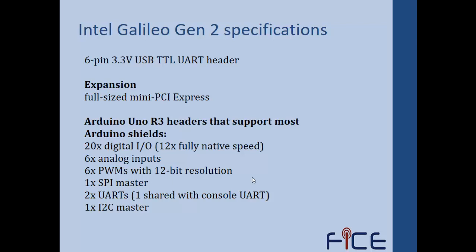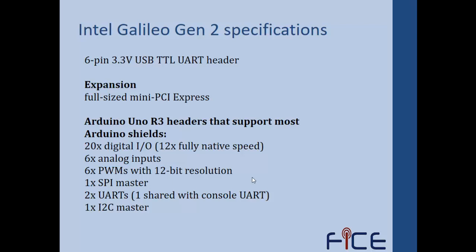Then we have Arduino Uno R3 headers that support most Arduino shields: 20 digital input output pins, 6 analog input pins, 6 PWM with 12-bit resolution, and by default the resolution of the analog pins is 10-bit, which can be extended up to 12-bit.